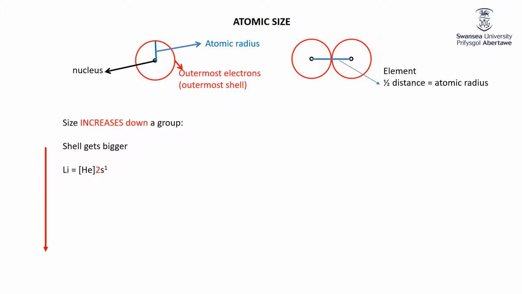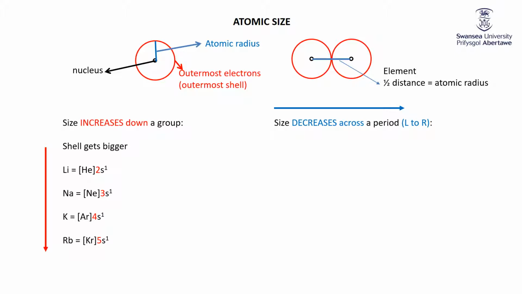Lithium, the outermost shell is the 2s, the second shell. Sodium, you've got that valence electron in the 3s, the third shell. Potassium, the valence electron in the fourth shell. Rubidium, in the fifth shell, and so on. So one nice easy trend that I want you to remember, because simplistic as it might be, it's extremely important, is that as you go down a group in the periodic table, the atoms get bigger.